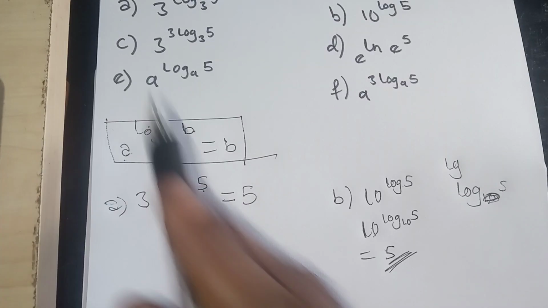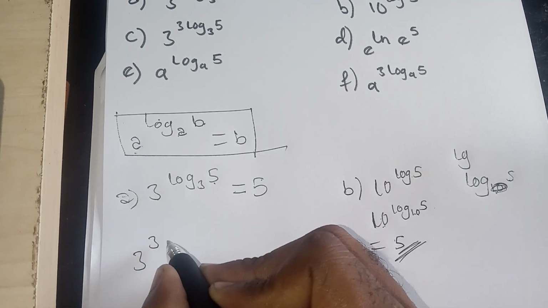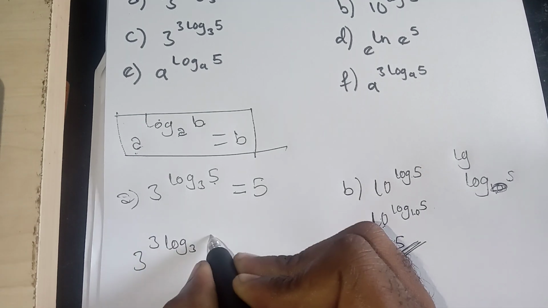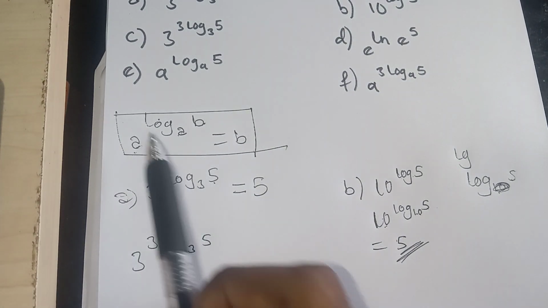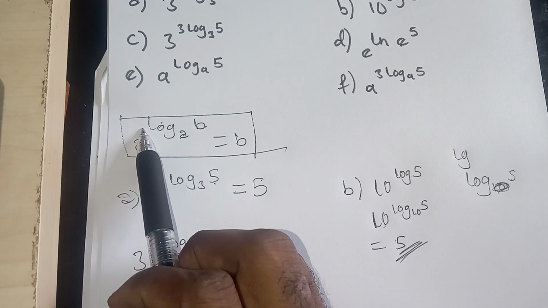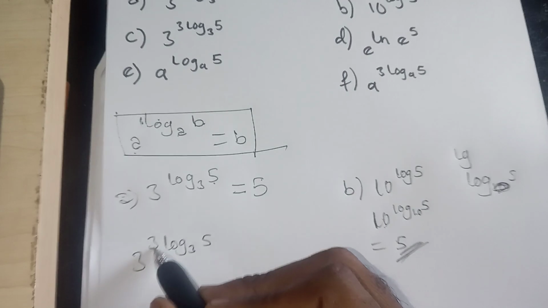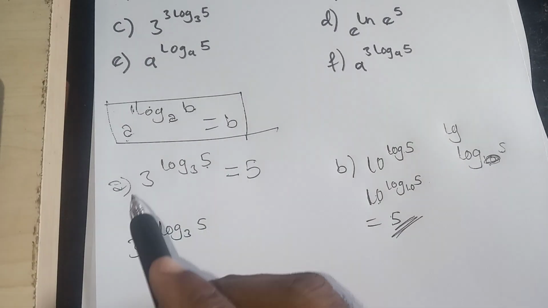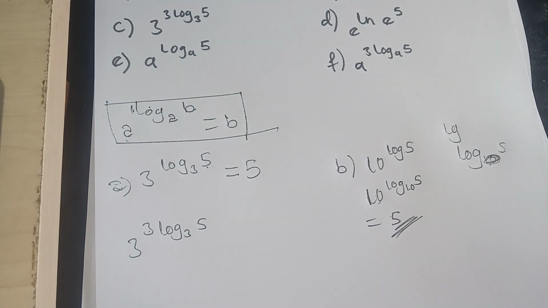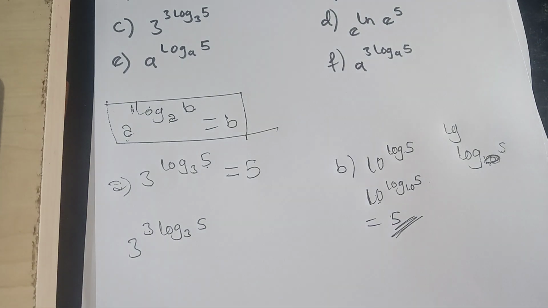And then part C, we have 3 to the power 3 log 3 of 5. Now when you look at the rule, it states that the coefficient of log must be 1 here. So you must not have a 3, you should have a 1. Before you start applying this rule, you change the coefficient of log 3 of 5 to 1.